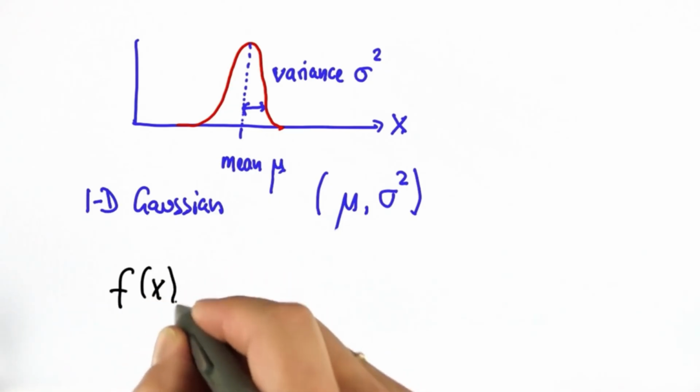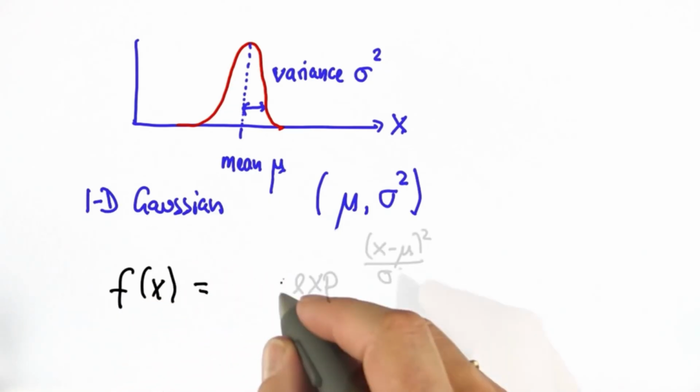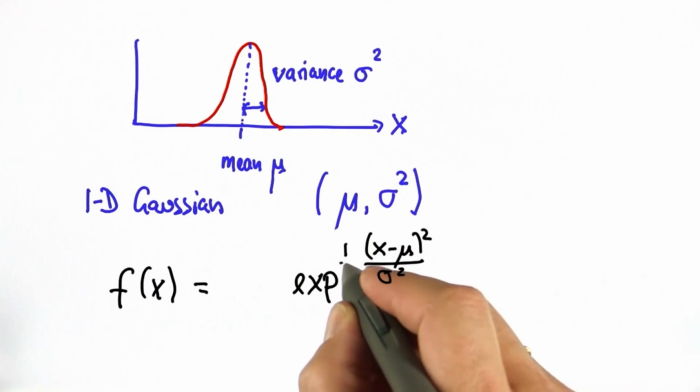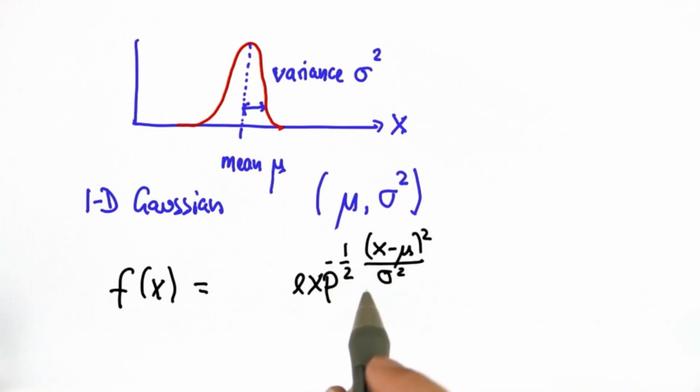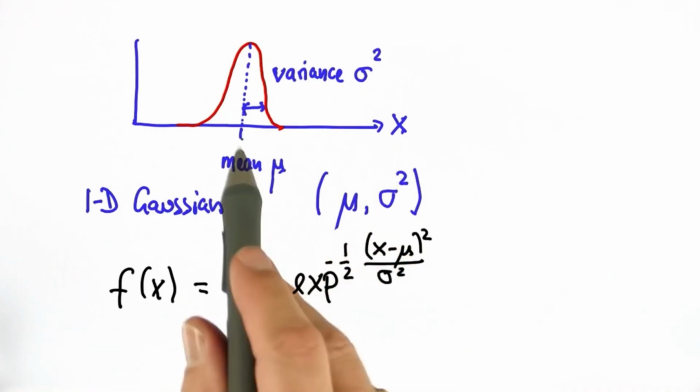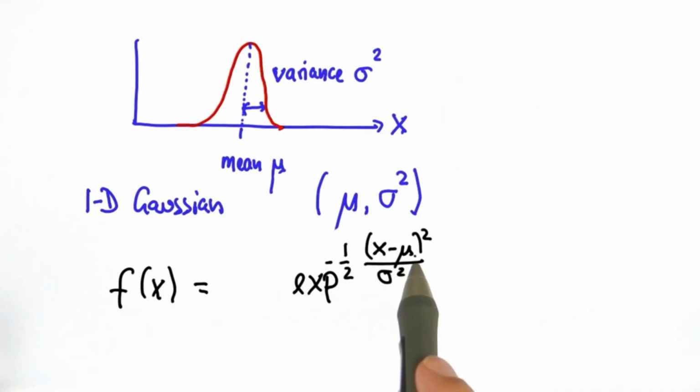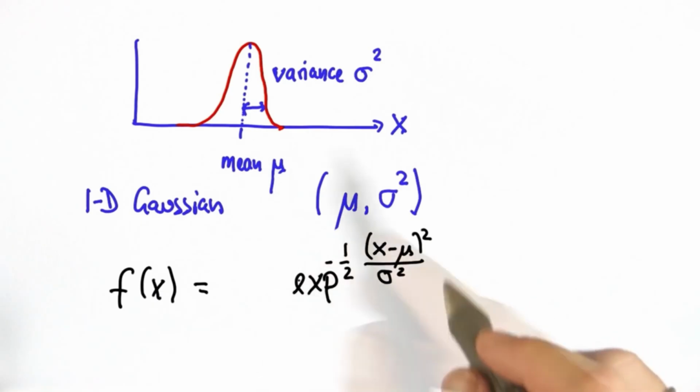The exact formula is an exponential of a quadratic function, where we take the exponent of this complicated expression over here, the quadratic difference of our query point x relative to the mean mu, divided by sigma square, multiplied by minus a half.